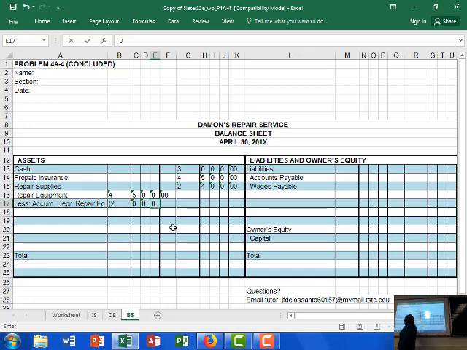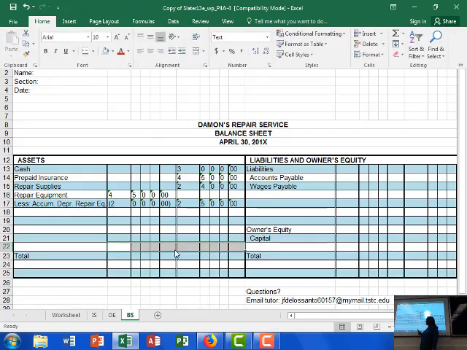So we put in those parentheses there to show that you're going to subtract that from the repair equipment to show what its current value is. So you're going to end up putting in the total of what? $2,500 here on this end, showing what our current value is of that repair equipment.